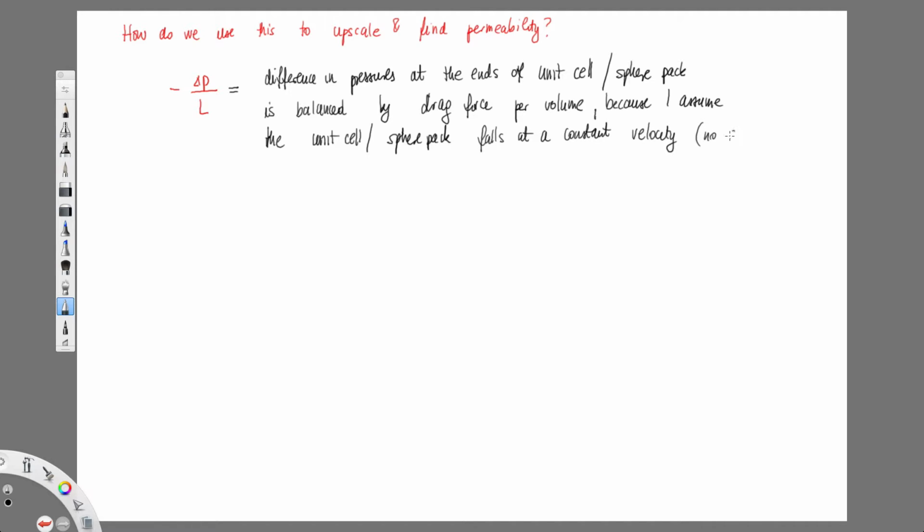So there's no acceleration. And in this whole process, I am ignoring gravity. So drag force is the only thing that could actually be acting.